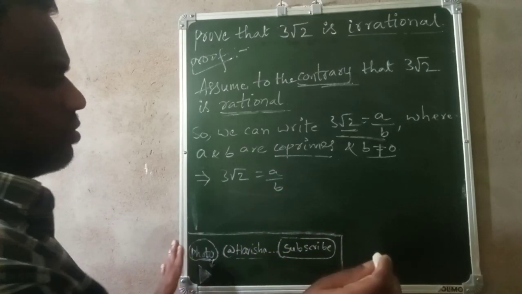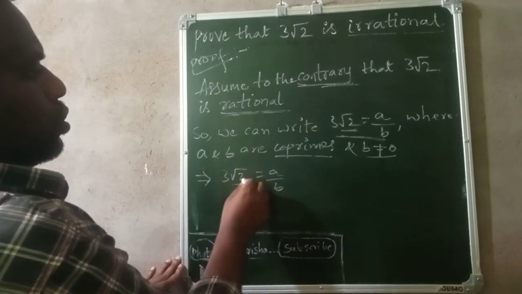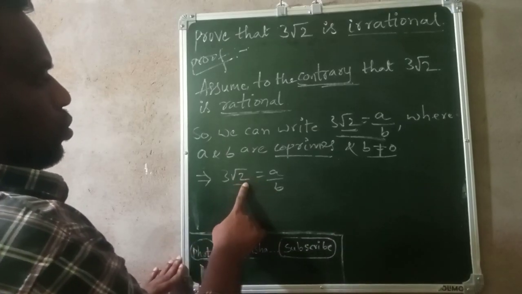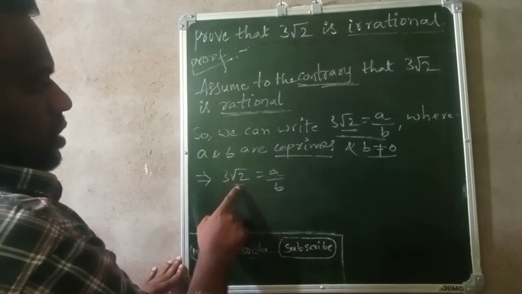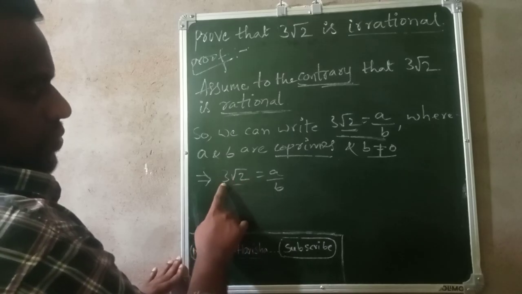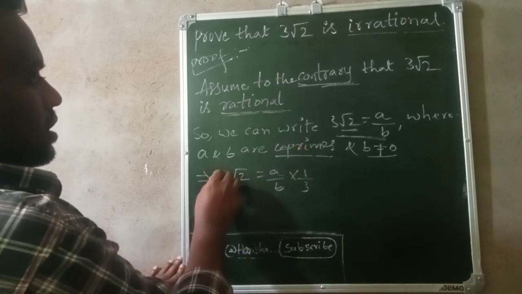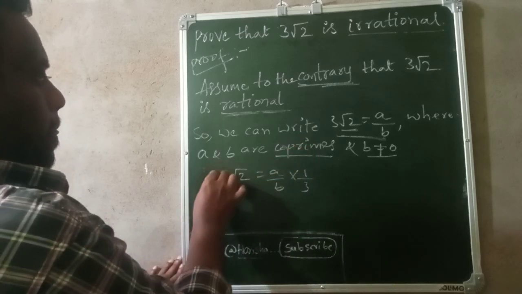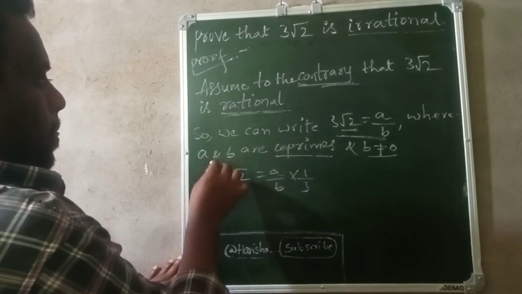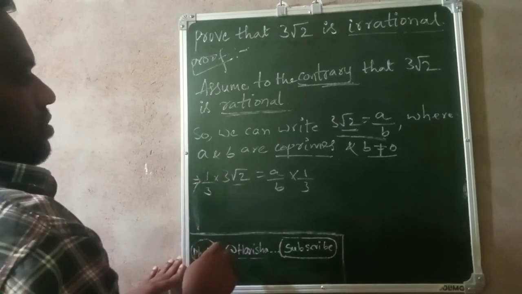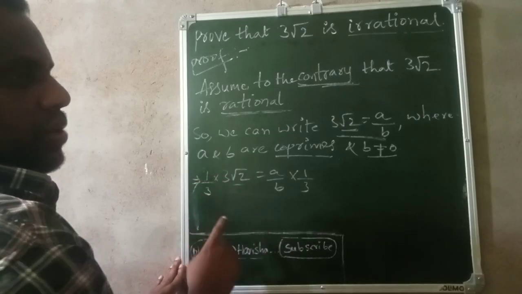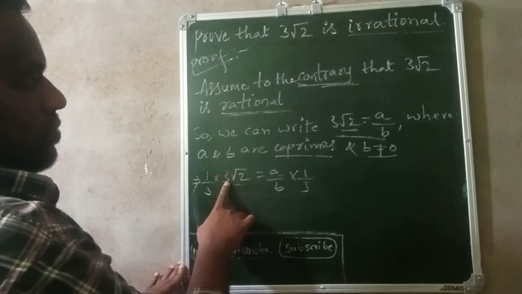Now we will find the value of root 2. To find root 2, we want only root 2, we don't want 3. So we will multiply both sides by 1 by 3, to remove this 3.